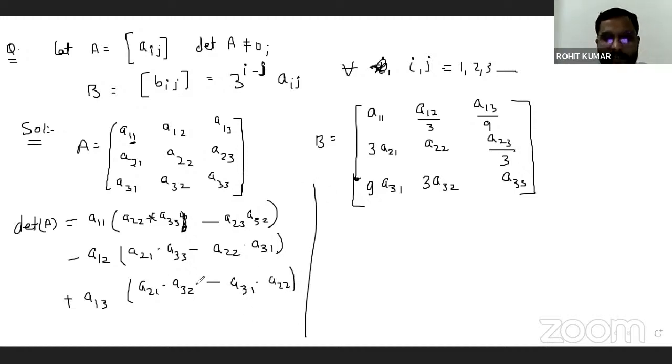This is the determinant of A. Let's try to calculate the determinant of B, and we'll try our best to find out the result.